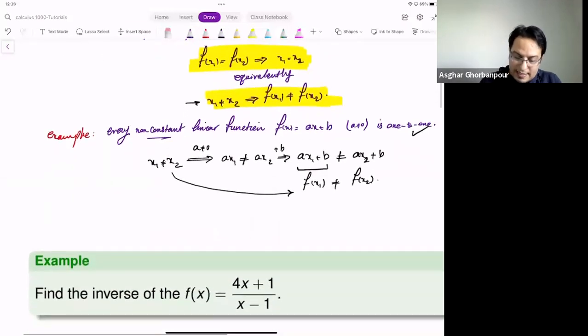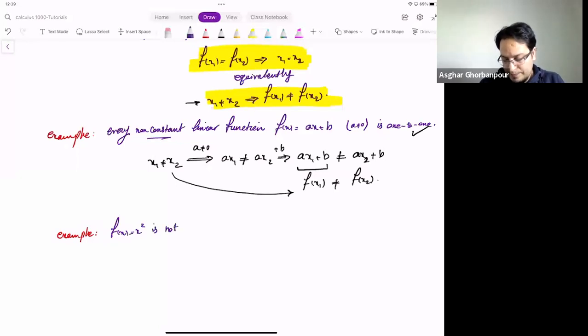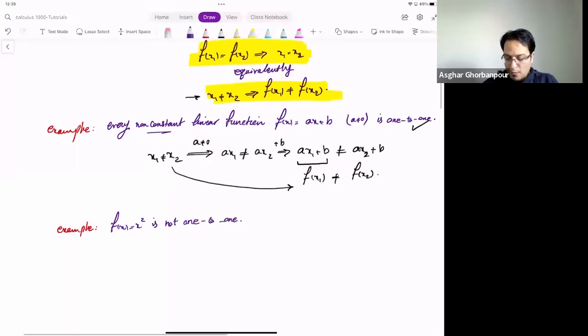Well, as a non-example or counterexample, I will use whichever one you like: f of x equal to x squared is not 1-to-1. Why is that so?